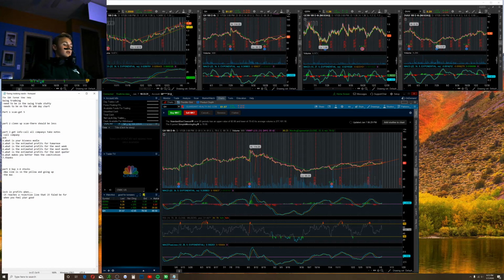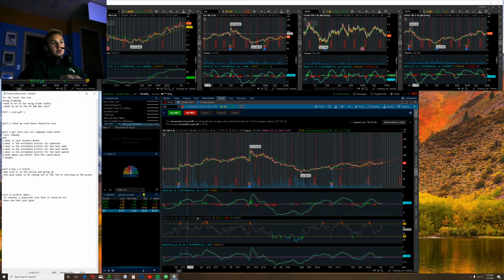The MACD has to be coming out of the red or starting in the green, which this stock is, and it would have to be just within a few days of a breakout detection, which I already have scheduled. Actually, it was like a month ago, but it still works.